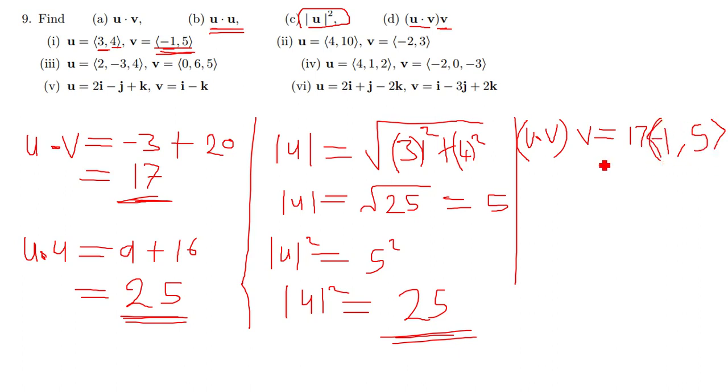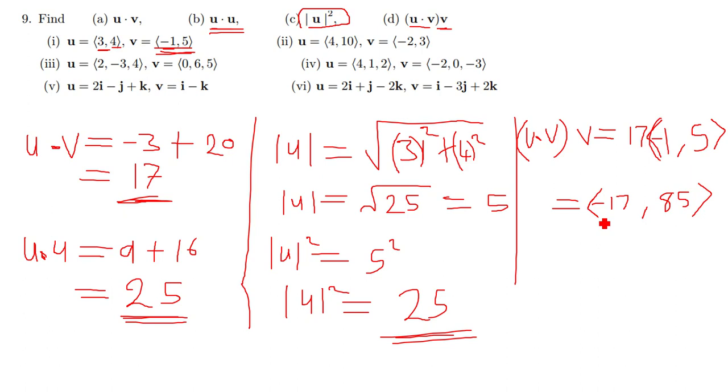The brackets are supposed to be like that. So which gives you negative 17, then you multiply 5 times 17, you get 85. So this is how you do dot products.